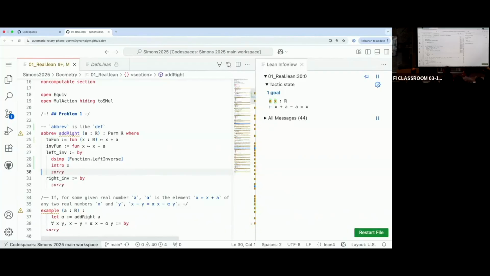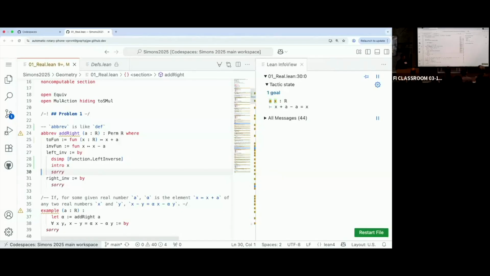So what I need now is a tactic that knows the rules of either additive abelian groups or possibly commutative rings or something like that, that can just say, according to the axioms of the algebraic structure I'm working in, when you add something and then subtract it, you get back to where you were. So the tactic I use most in this category is ring, which knows the rules of commutative rings.